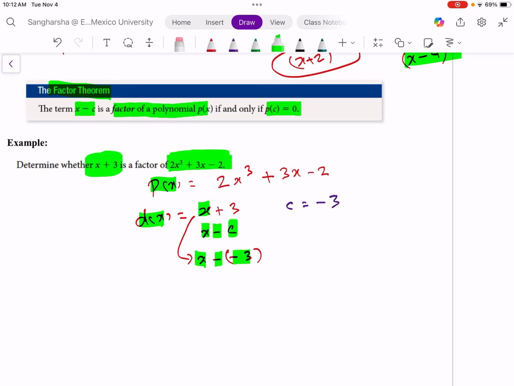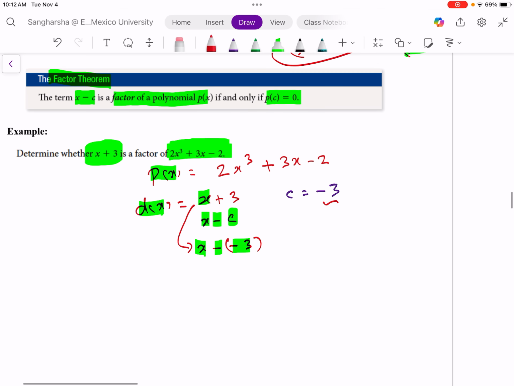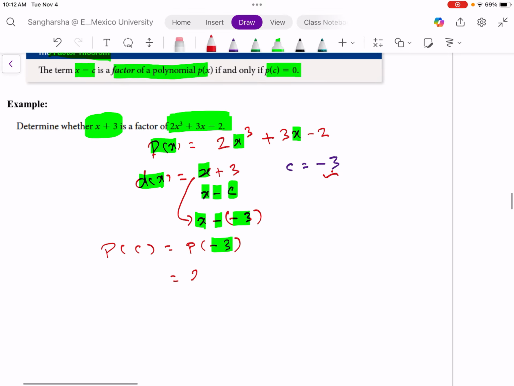So let's find the remainder, and to find that we are using the remainder theorem. We know c is -3. Our remainder is p of this number, so p of c is the remainder. In our case, c is -3, and to find p of -3, you replace every x of that polynomial by -3. So this is 2 times -3 cubed plus 3 times -3 minus 2.